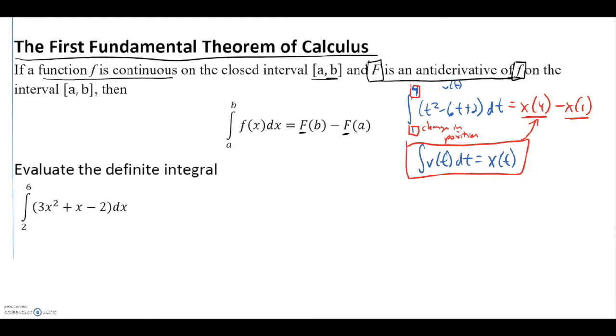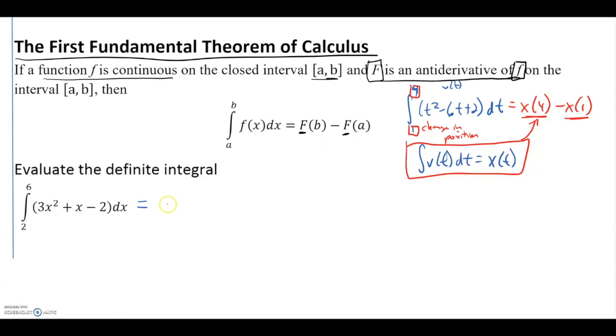And so looking at our final example, let's use what we have to find the definite integral from 2 to 6 of 3x squared plus x minus 2. What this states is that we are going to go ahead and find our antiderivative first. So let's go ahead and do that.